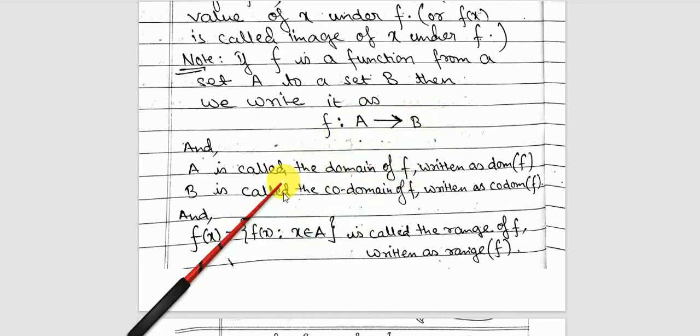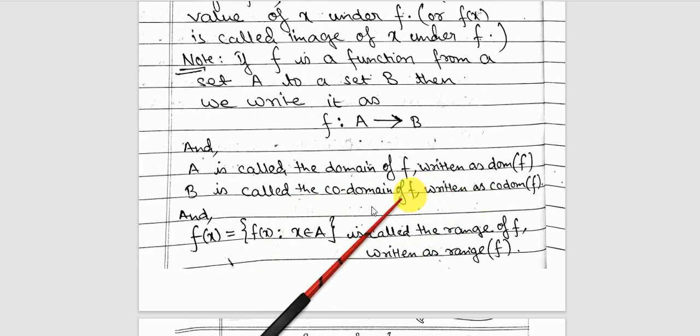The second set is called the codomain of the function f. And this set f of x, which contains all images, is called the range of f, written as range f.